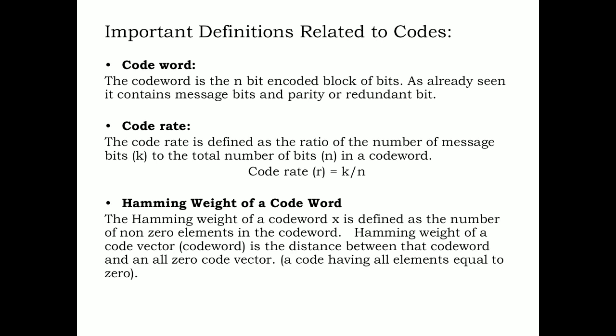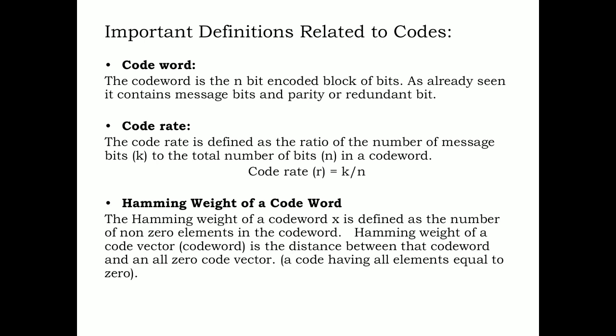Code rate. The code rate is defined as the ratio of the number of message bits to the total number of bits in a code word. It can be formalized as code rate, capital R, is equal to k by n.